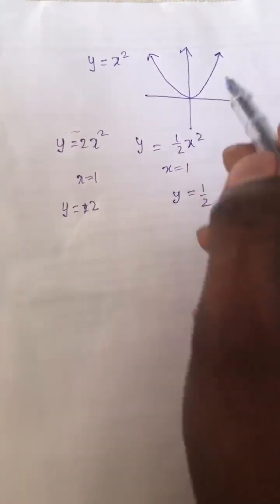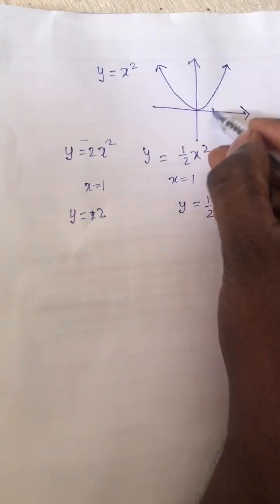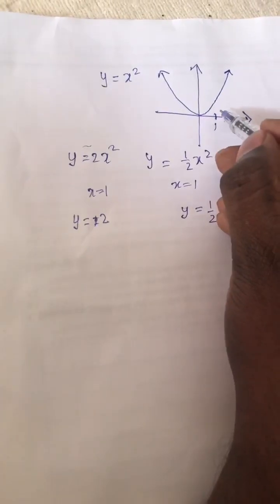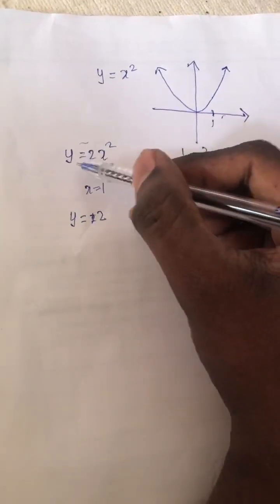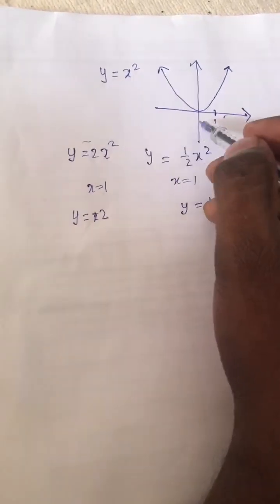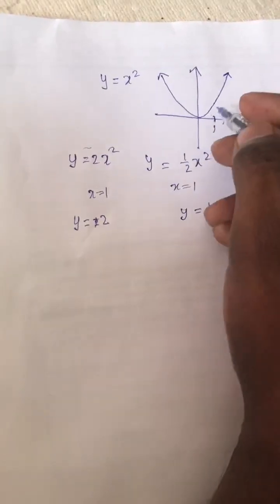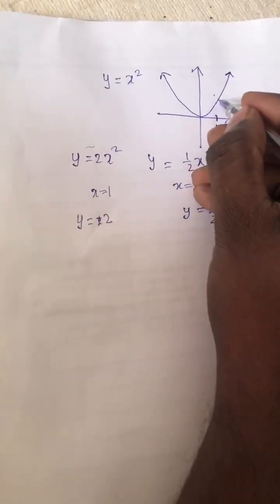So according to this, when we add 1, the y equals 2x squared function, what's the value of y? It will be 2 here.